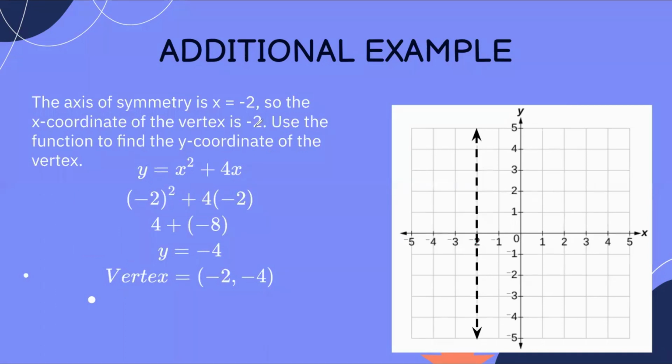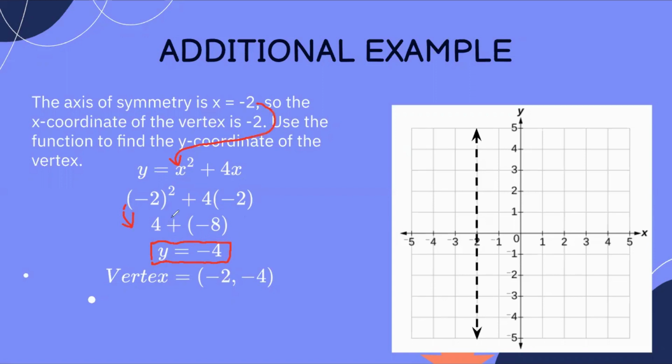All you have to do is substitute negative 2 for your x values. So that would give you negative 2 squared plus 4 times negative 2. Negative 2 squared is just positive 4. Then 4 times negative 2 is negative 8. So now you have 4 plus negative 8, which is 4 minus 8, giving you y equals negative 4.